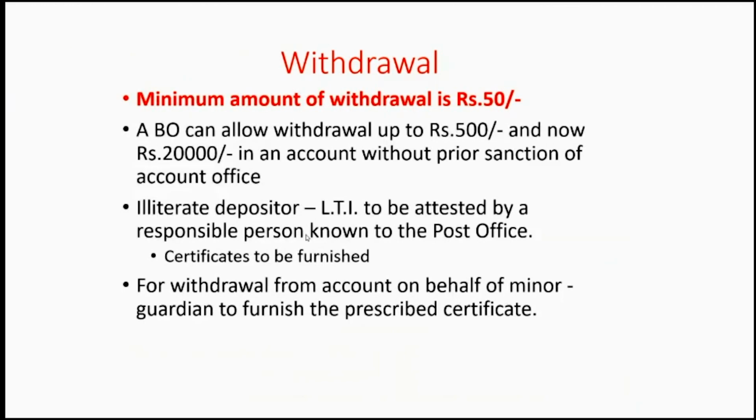In respect of branch offices, a branch postmaster can issue sanction for a withdrawal of up to rupees 20,000 without getting any permission or consulting any of the superiors or any account office. So a postmaster can individually sanction an amount of up to rupees 20,000. So this is about the limitations for the branch offices.